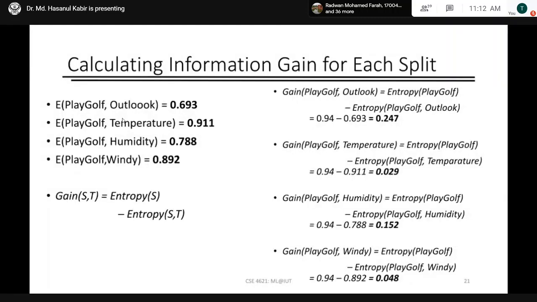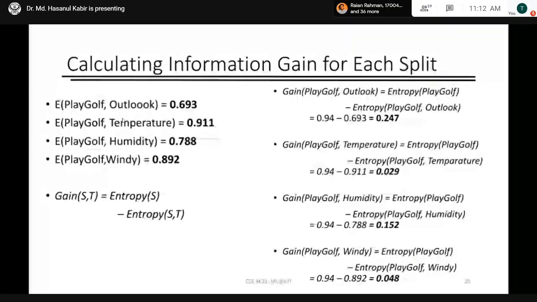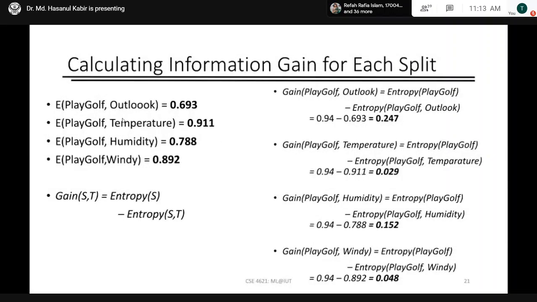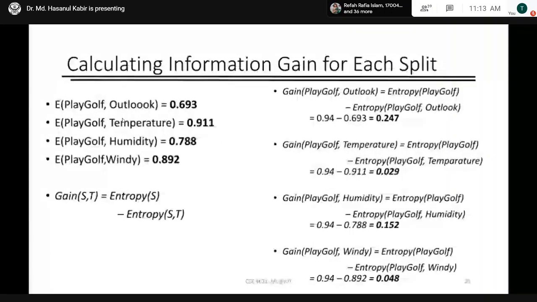Yes or no? If you look at temperature, do we have a significant difference? So previously it was 0.94. After doing that split with the temperature, it was 0.911. So basically the difference is less, correct? So of course it's going to be a bad choice, yes or no?